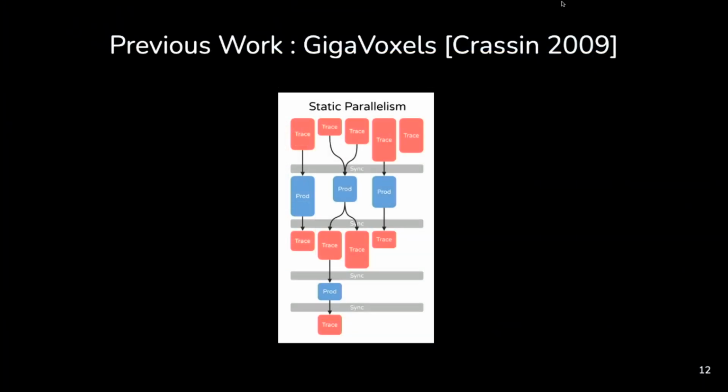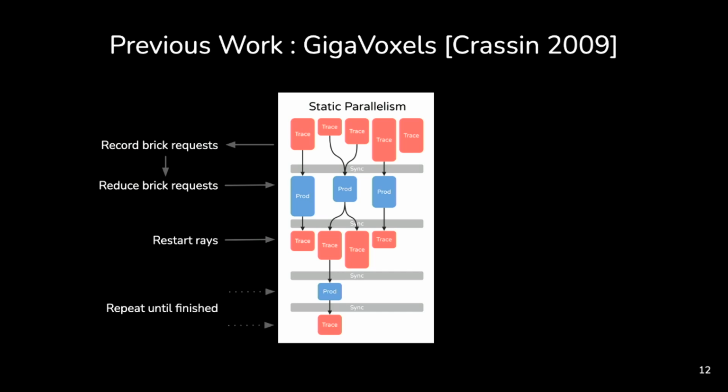It starts by rendering every pixel, tracing and recording missing bricks along the way, and when all ray tracing threads are finished, production of the missing voxels can start, and similarly, when production is finished, ray tracing can resume. And you alternate between those two steps until the image is complete.